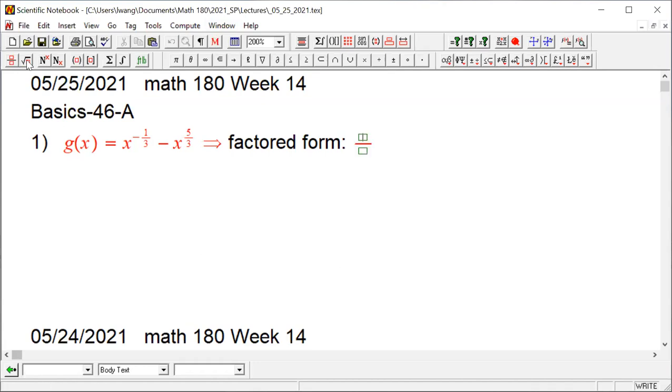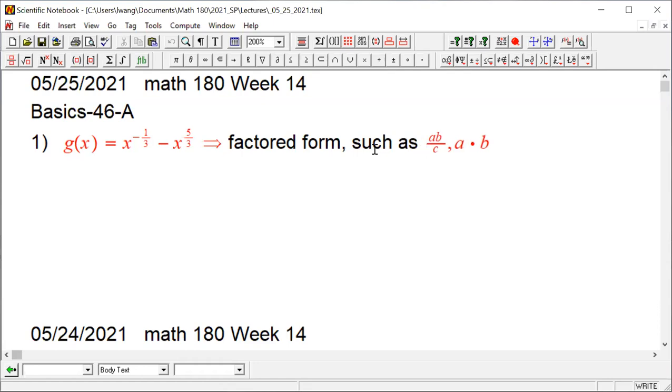For example, say you have A times B over C. That's a factored form. And a factored form could be like A times B. That's factored form as well. So all of these are factored form.